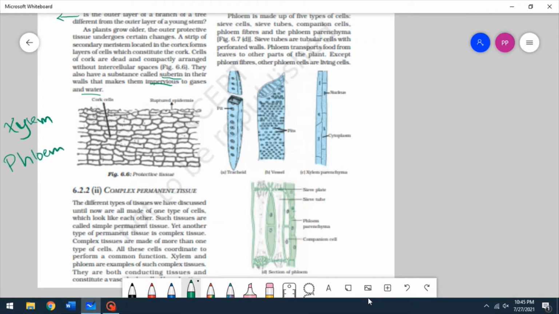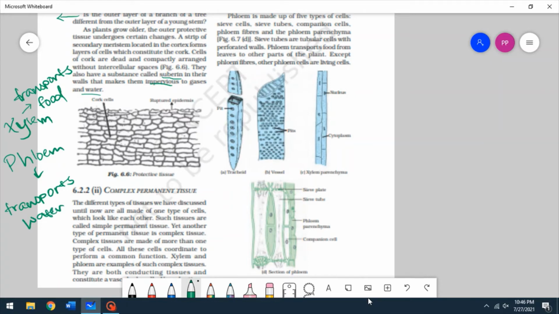Xylem is that part of the plant which transports food, and phloem transports water. Alright, so that's like the ultimate difference between xylem and phloem.